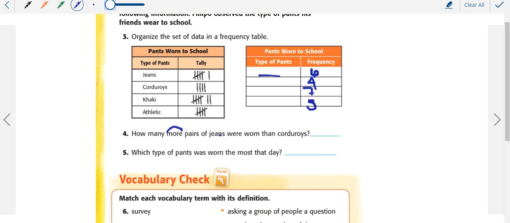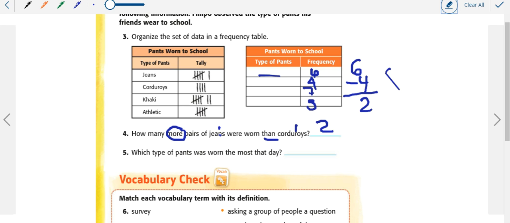Now, every time that you see more than, that means a subtraction. So we're going to subtract the number of jeans minus the number of corduroys. That is 6 minus 4 equals 2. The answer for number 4 is 2.